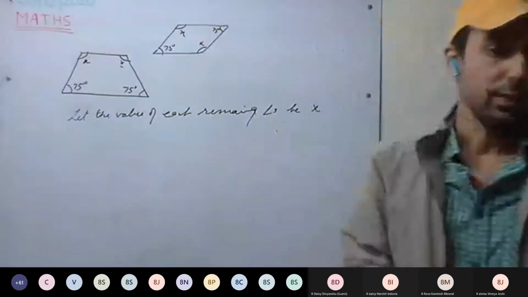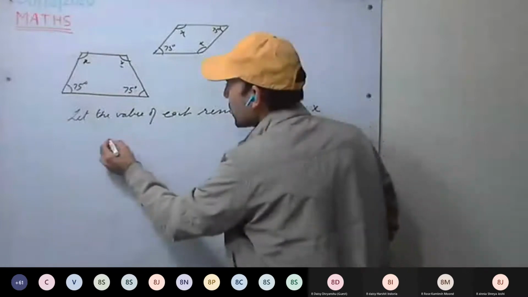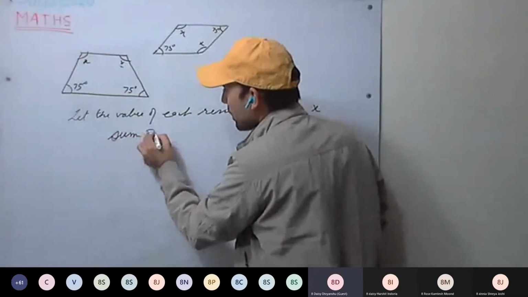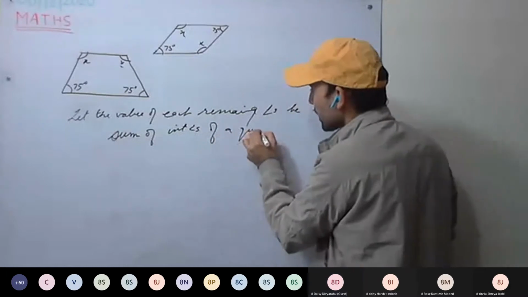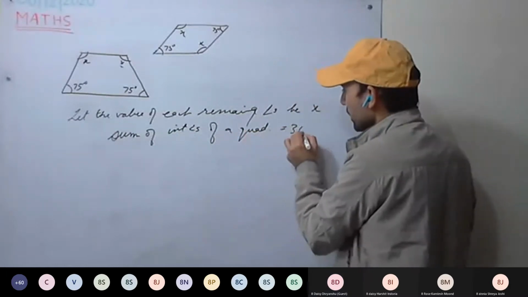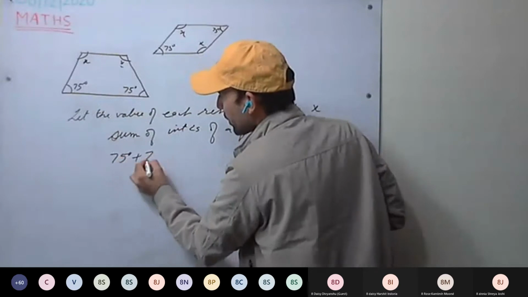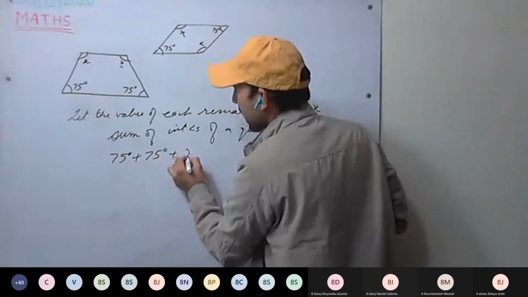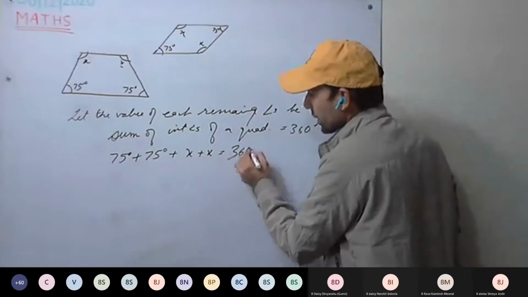Now the sum of the interior angles of a quadrilateral is how much? Write the step: sum of interior angles of a quadrilateral equal to 360 degree. Now add them. 75 degree plus 75 degree plus x plus x is 360 degree.